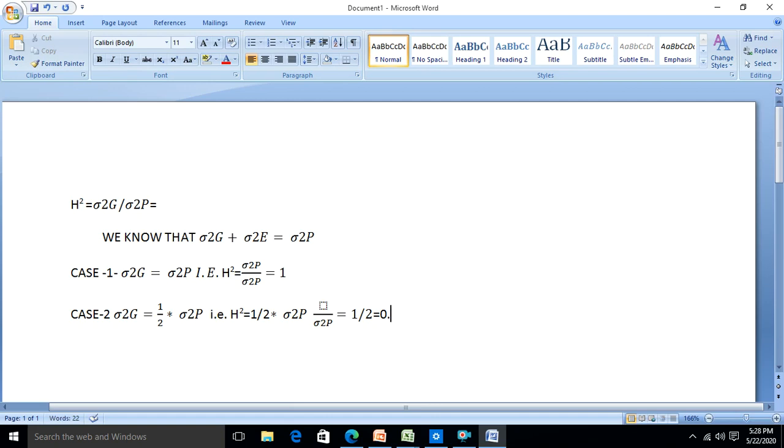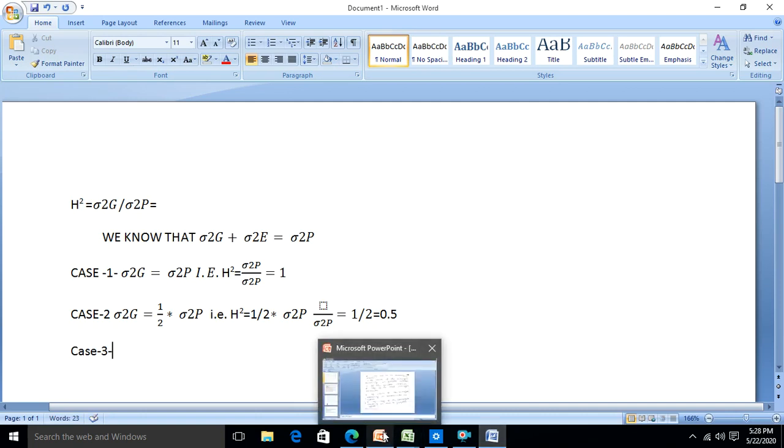So heritability will be 0.5. This has another meaning. If sigma square g is half of sigma square p, it means sigma square e is another half. So they both are contributing equally to the variation in the phenotype of any individual.